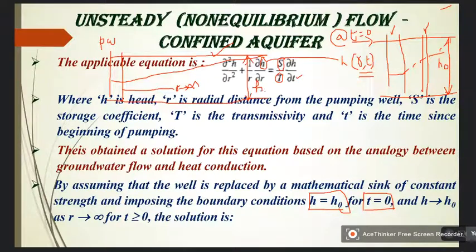Any time if you consider, for any time t greater than 0, this is the other condition we will get: h tends to h naught as r tends to infinity for any time t greater than 0.